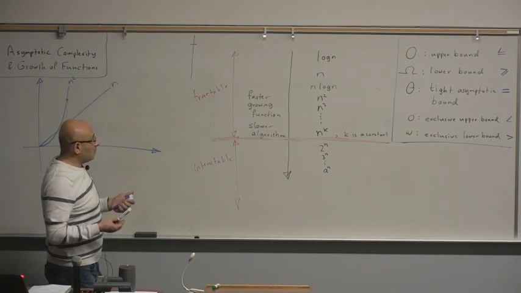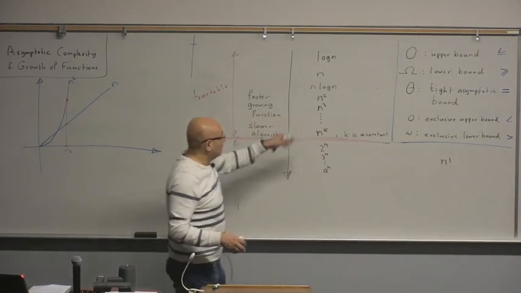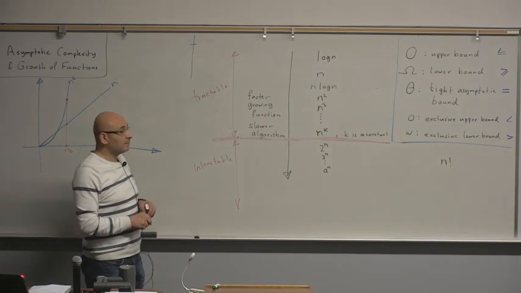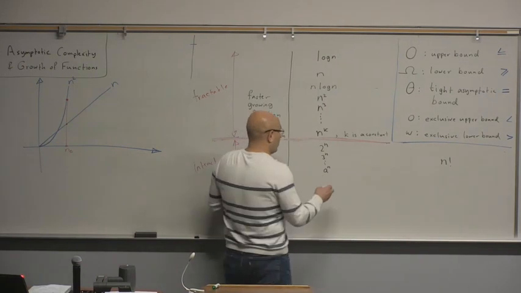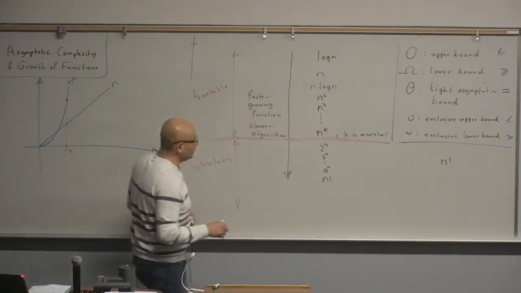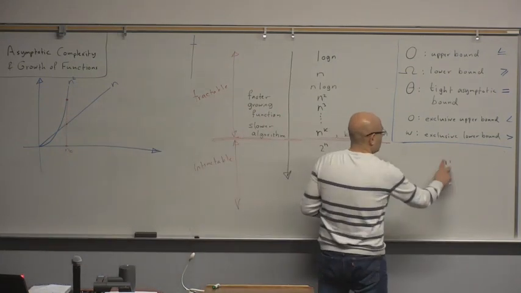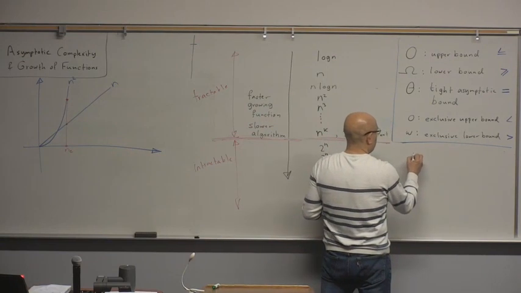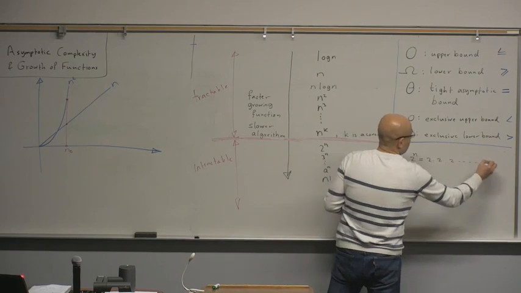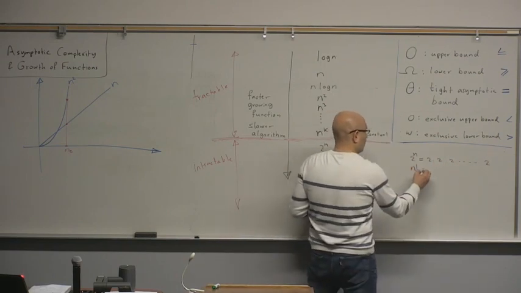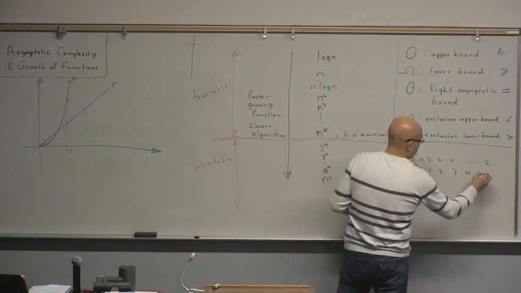Okay. Now, what about n factorial? Where does it fit on this map? Lower. Yeah, so it's even larger than a power n. Right? Because if you compare, for example, 2 power n is 2 times 2 times 2, n times, while n factorial is 1 times 2 times 3 times 4.